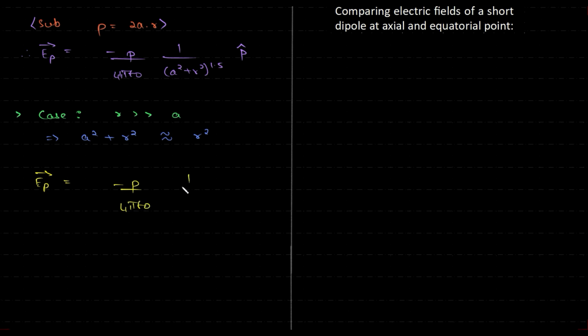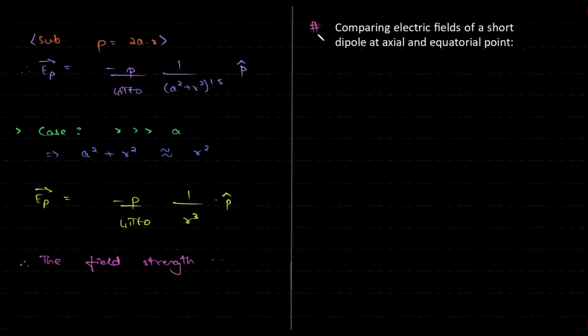What will happen to the denominator? If this is R square, this will be R cube. And from this we can infer what? Therefore, field strength reduces at the rate of 1 by R cube. A similar conclusion was made earlier, and so on and so forth.